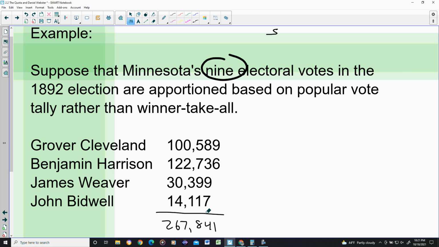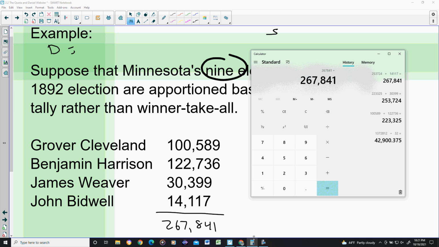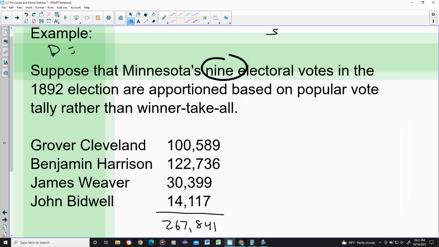Okay, 267,841, and we're going to divide by 9. So my divisor is going to be 29,760.11. Because it's already a 5-digit number, I'm not going to worry about needing the extra 4 decimal places here.